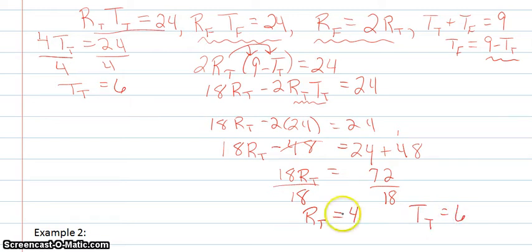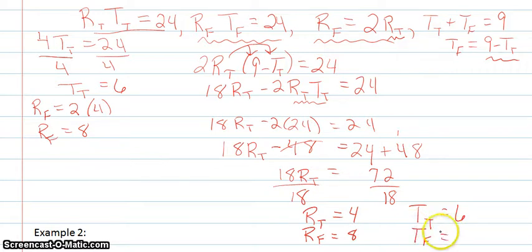And then I can put that in here to find what r sub f is. So 2 times 4, r sub f equals 8. Then I can go ahead and put the 6 in here, so 9 minus 6. So t sub f equals 3.